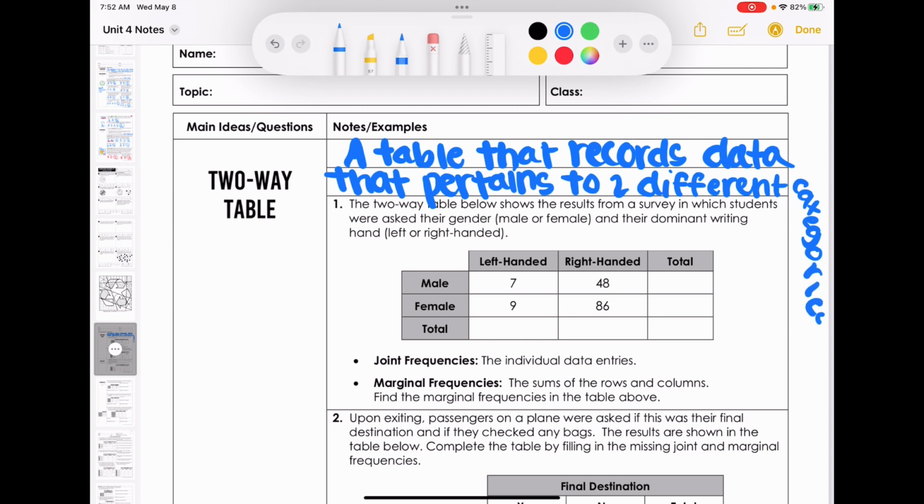I ran out of room, so excuse that, but two different categories. So if you look at number 1, our two categories are if it's male and female, and if they write with their left or their right hand.